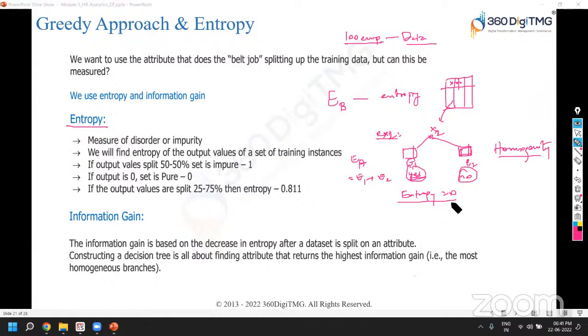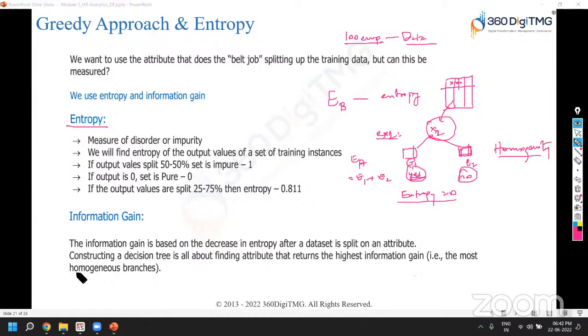If you have pure regions, then you have entropy as 0. Entropy is uncertainty or variation, and we are saying it is 0 in this case. So this becomes your ideal attribute to decide on the split of your data at that level.